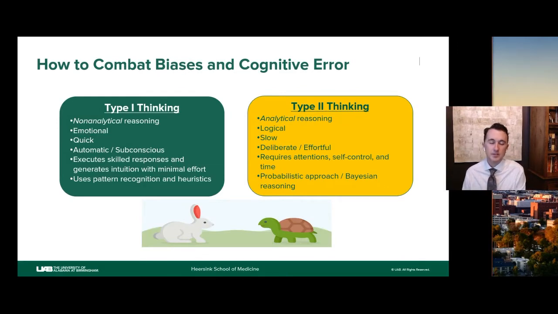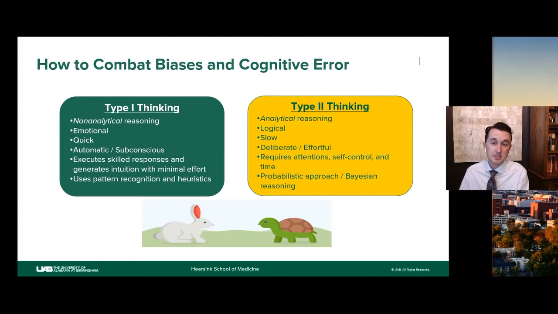We talked about this a lot in our second video, but it's important to review this really quick because it's going to be really relevant today. Remember, there are 2 types of thinking, 2 different ways that we providers think about problems. Type 1 thinking is our non-analytical reasoning. It's emotional, quick, and often done subconsciously.